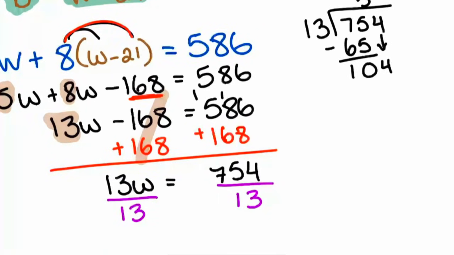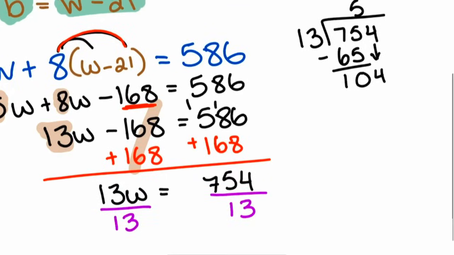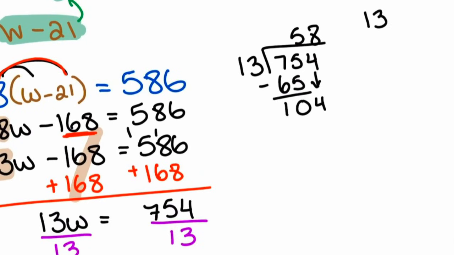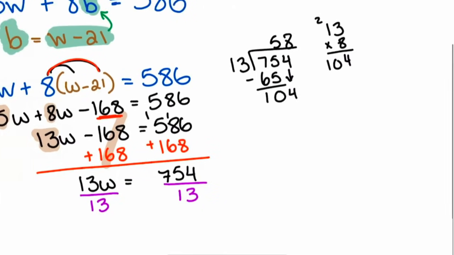We can think about this in terms of 8, because 8 times 12 is 96, and 8 times 13 would be an additional 8, so that would end up being 104 exactly. If you needed to prove it to yourself, 13 times 8 is 104, and there you are. So now we have a perfect 58.